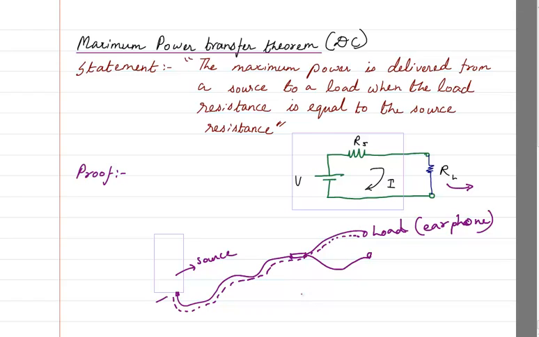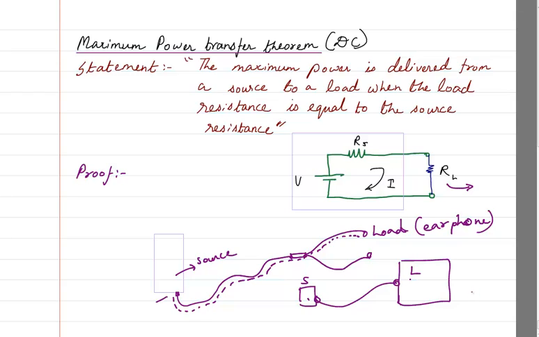Even in your cable TV, if you are having a cable set-top box connected to a TV, then this is the source and this is the load. And at these two connection points, we have to make sure that the source resistance and the load resistance are the same. Otherwise, the signal will not go from here to the television and you won't be able to see anything.